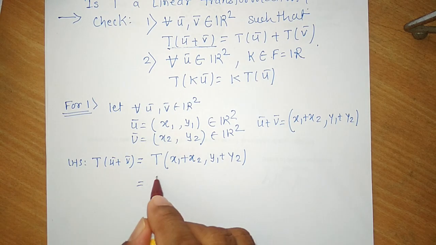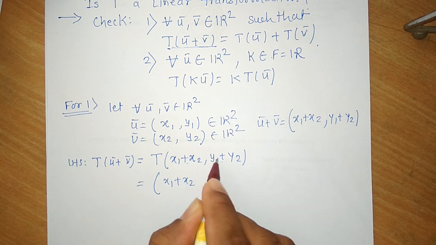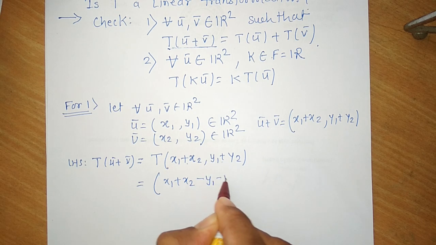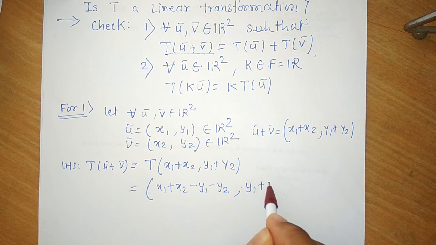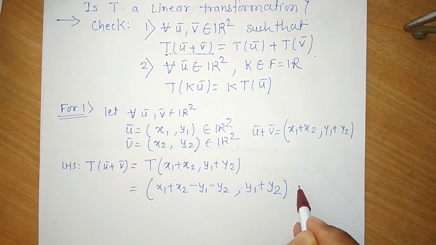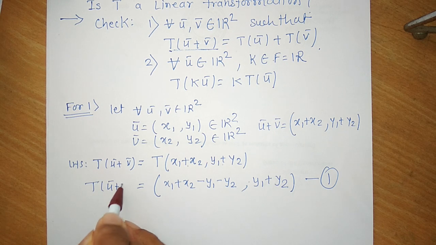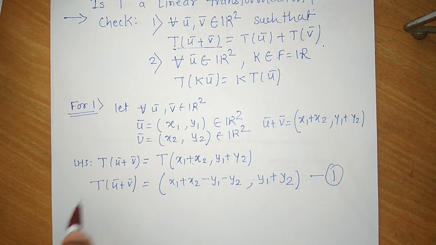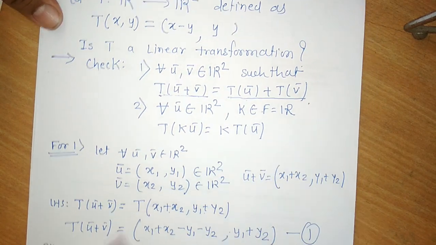So here it is x1 plus x2 minus y1 minus y2, comma, and the second component as it is, and we call this the first, T of u bar plus v bar. Now we evaluate the right side, T of u bar plus T of v bar.